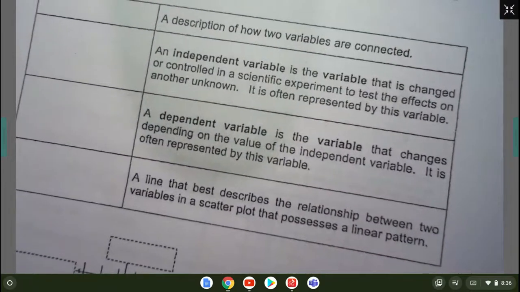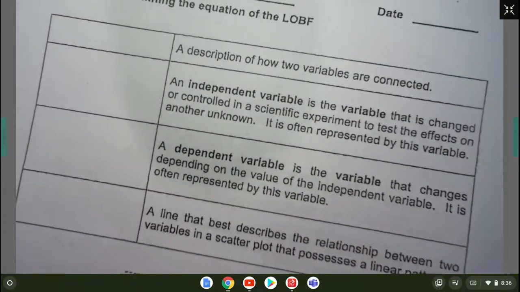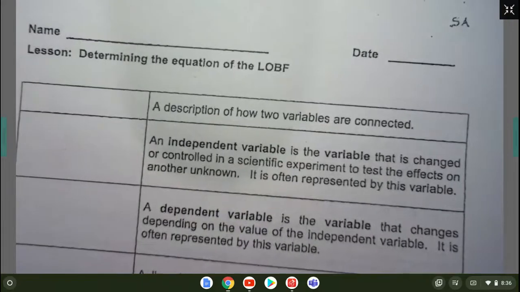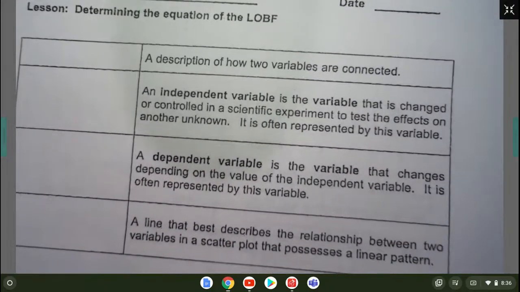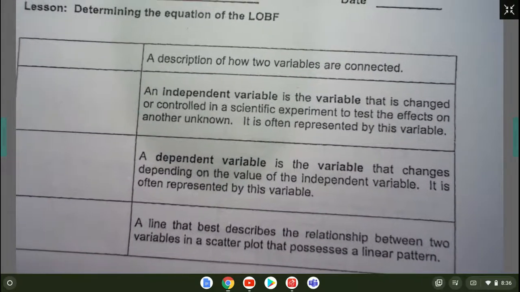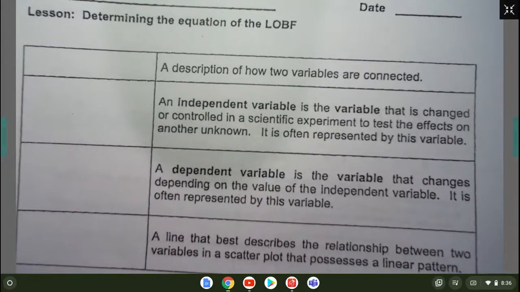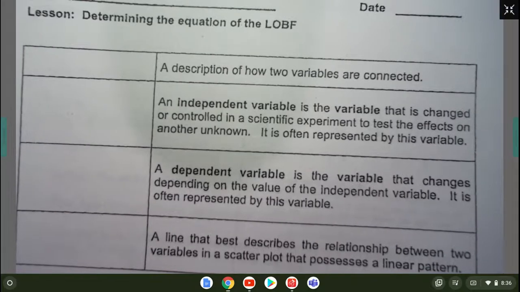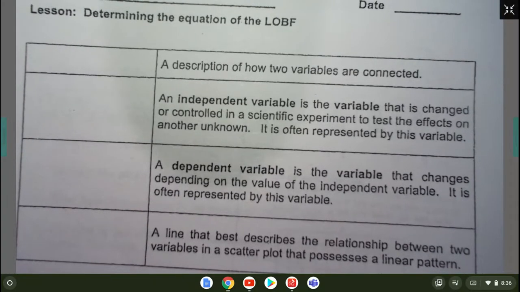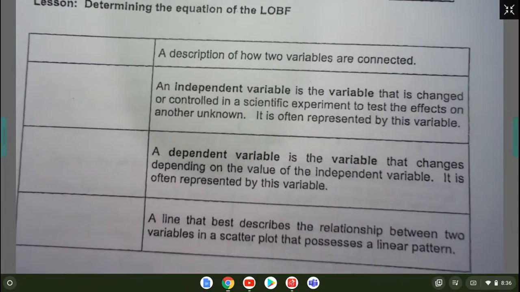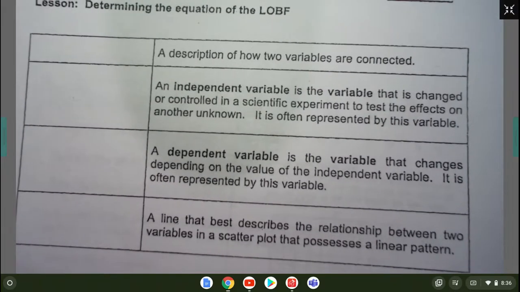Determining the equation of the line of best fit. You see LOBF there, talking about line of best fit. A description of how two variables are connected. An independent variable is the variable that is changed or controlled in a scientific experiment to test the effects on another unknown. It is often represented by this variable.